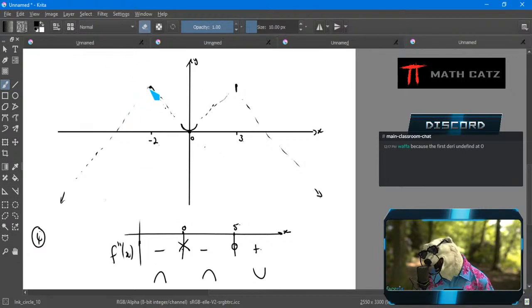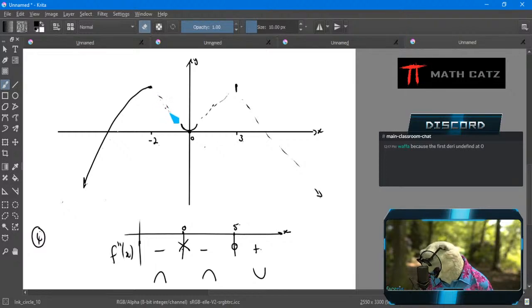From the first bit leading up to -2, definitely bending down, right? That is totally believable. Sure, I'm going up here, I'm bending down, like we've seen before. Horizontal tangent top, great.